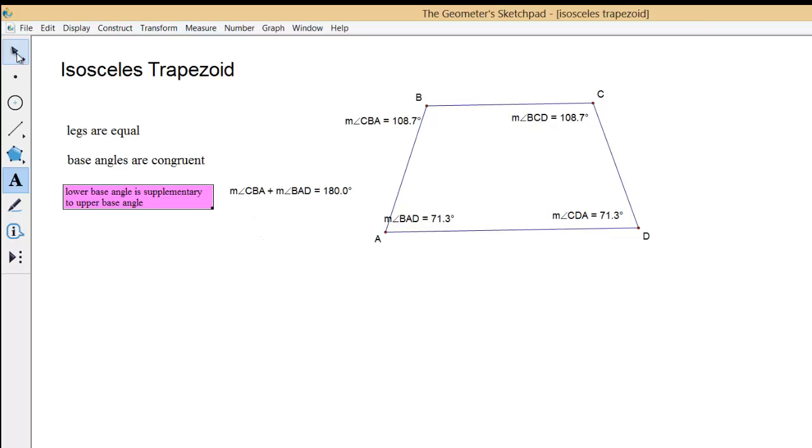And then we also could say that diagonal angles are supplementary. Across from each other.